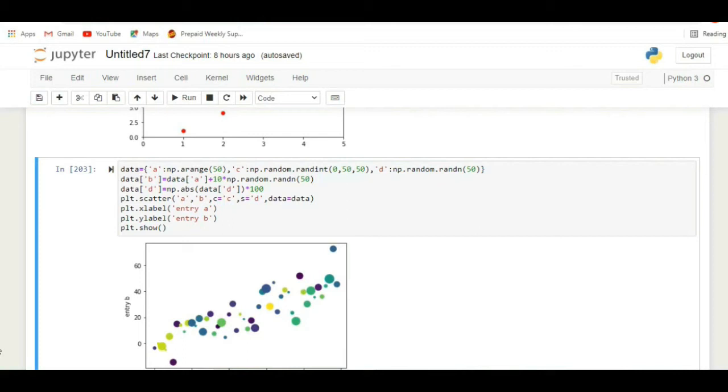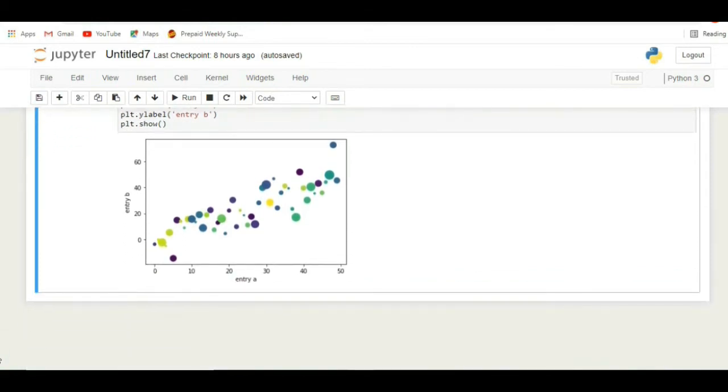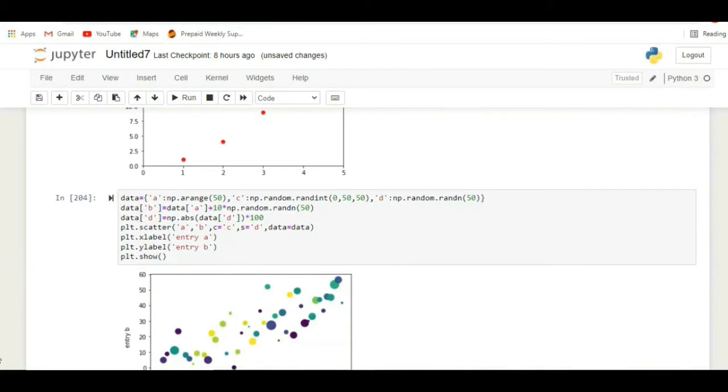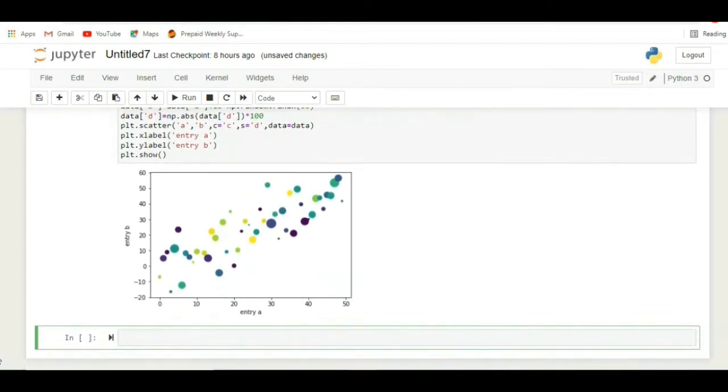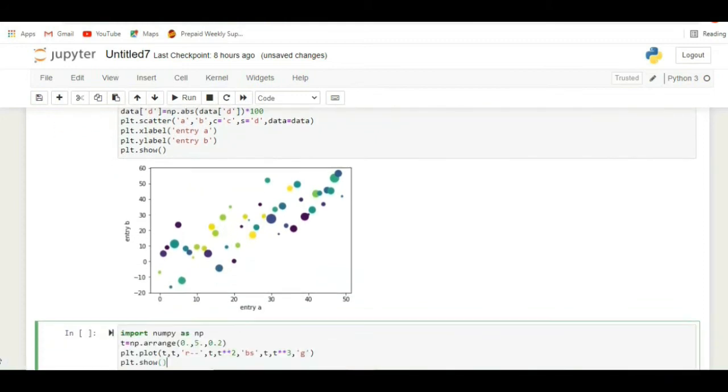Here you can see on the screen the scatter graph of different data. It is a very beautiful graph, and I hope you like these results in Matplotlib by using copy and paste.